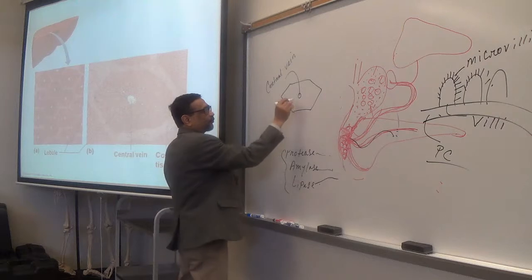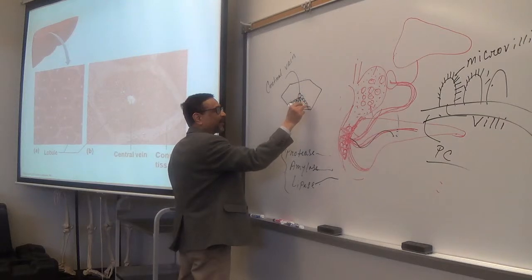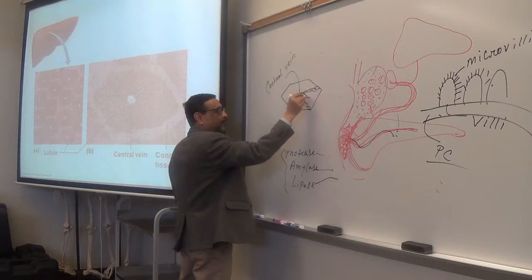And then from the central canal, liver cells, these are called hepatocytes. So inside the lobule, you have the liver cells, hepatocytes, and they beautifully line up like this. Okay?